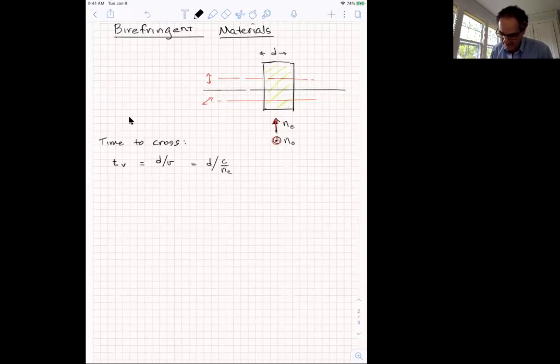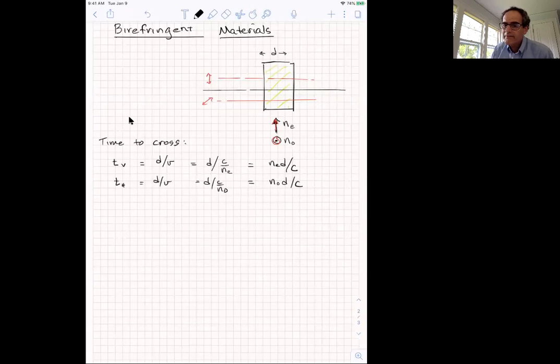So c divided by Ne, or we can write this as Ne d over c. In contrast, for the horizontal component, the result will be very similar, only the index of refraction is different: N0 d over c. So they won't be equal.